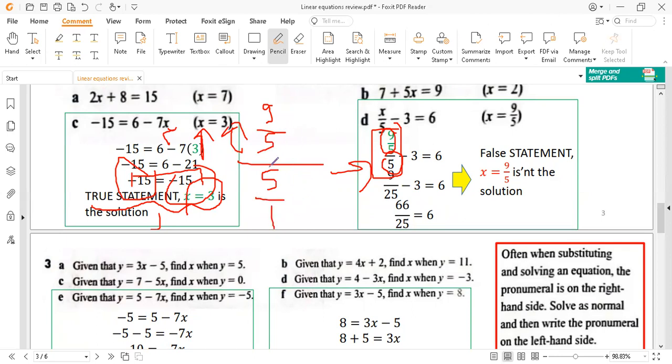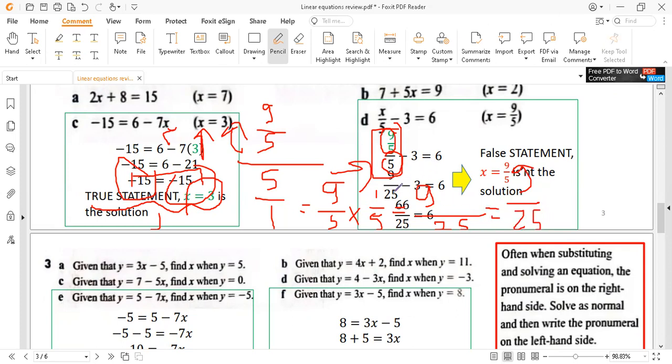A fraction divided by another fraction equals the first fraction multiplied by the inverse, so we flip it upside down. Instead of dividing by 5/1, we multiply by 1/5. When multiplying two fractions, we multiply the numerators together and the denominators together to obtain 25. Finally, we obtain 9/25 as a result.